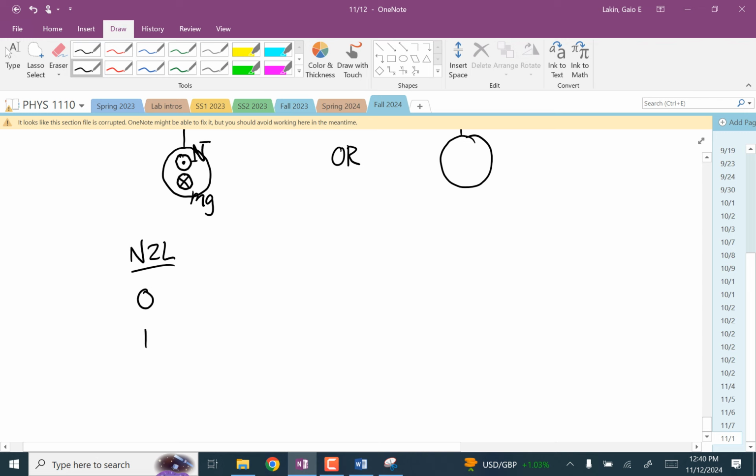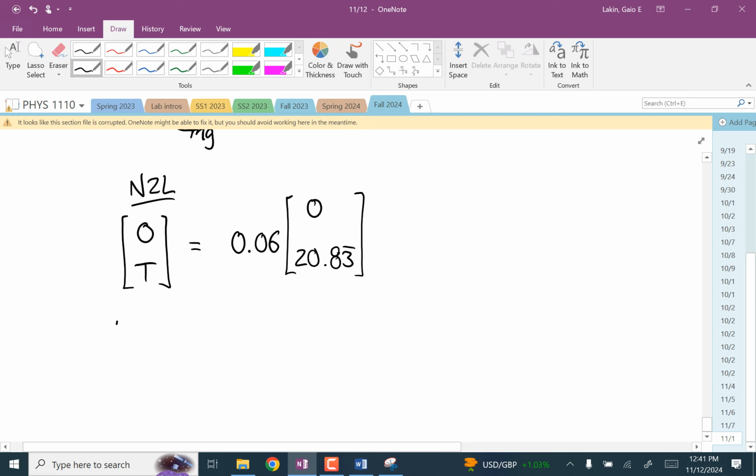So we have 0, T is equal to the mass, 0.06 kilograms, times the acceleration, which is 0, positive 20.83. The x equation says 0 equals 0, so that's not helpful. The y equation says T is equal to 1.25 newtons.